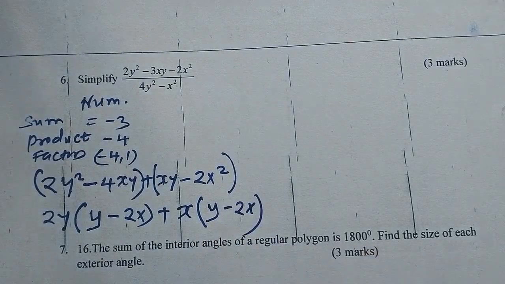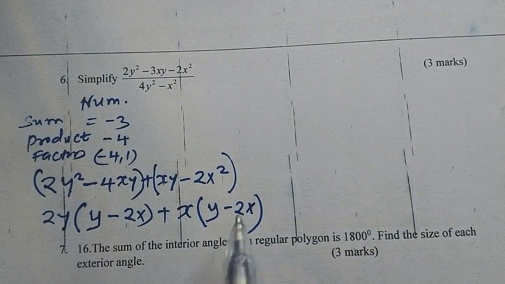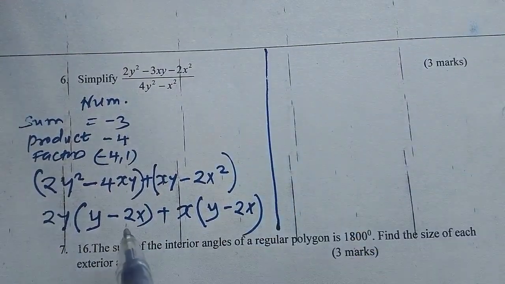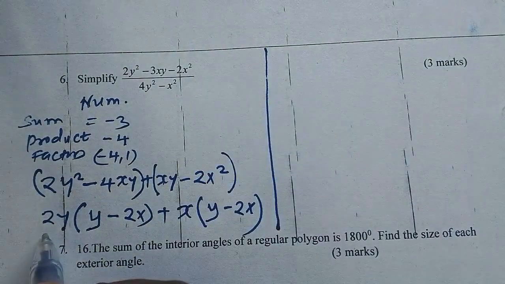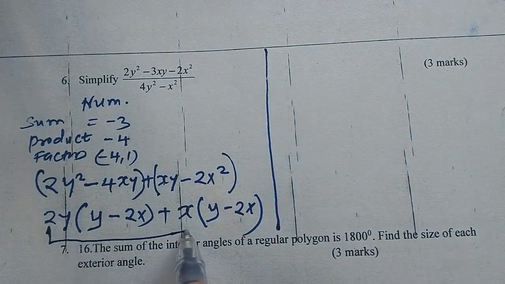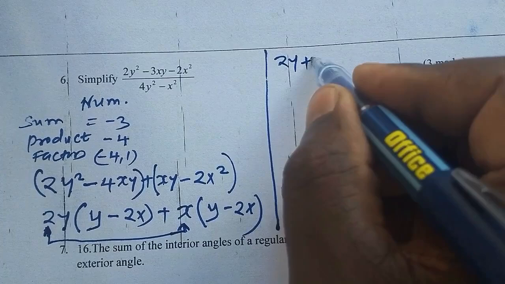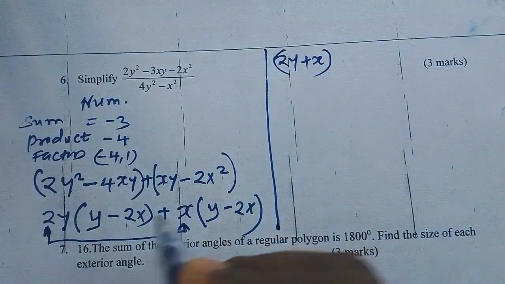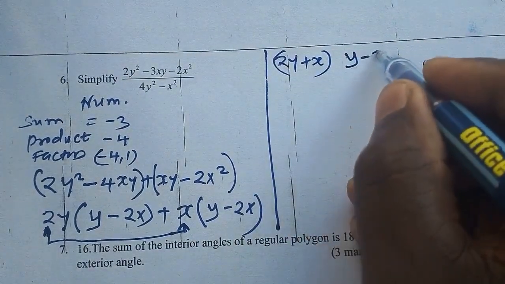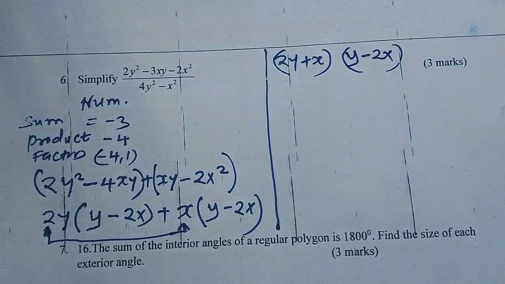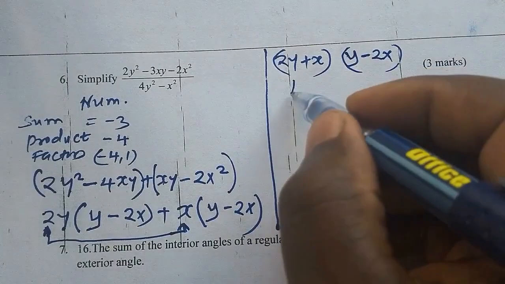Now you see this one and this one are the same. You pick one and then you join the others. So that is 2y plus x, and pick one of these, y minus 2x. So that one gives us the numerator. Let's go to the denominator.